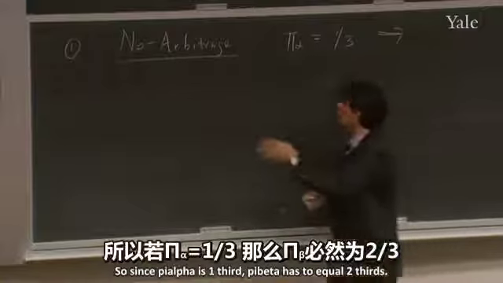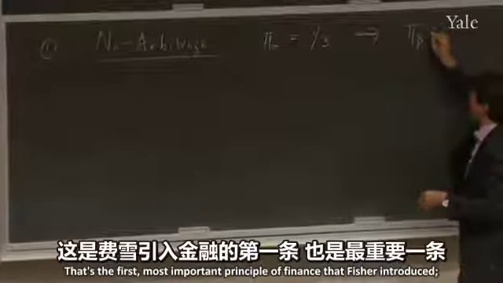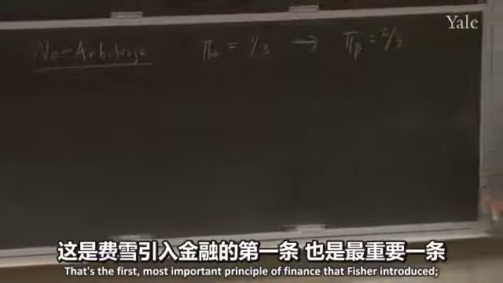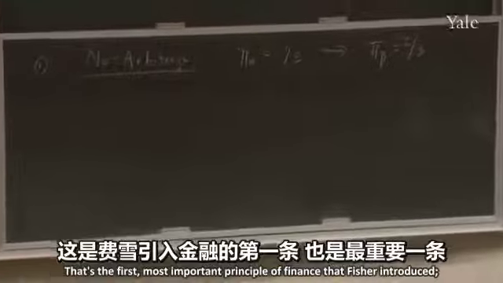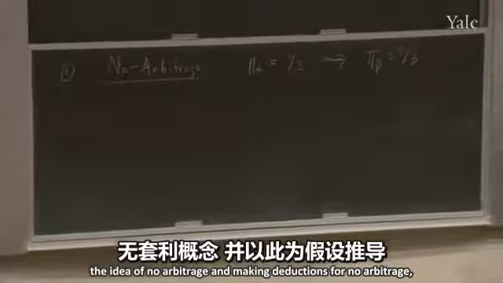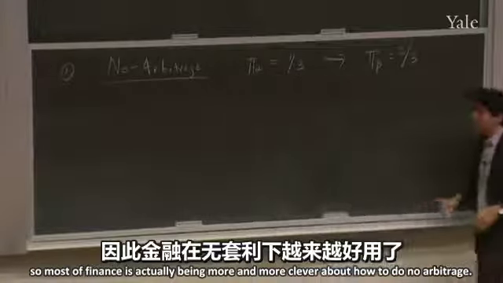So since pi alpha is 1/3, pi beta has to equal 2/3. That's the first most important principle of finance that Fisher introduced, the idea of no arbitrage and making deductions from no arbitrage. Most of finance is actually being more and more clever about how to do no arbitrage.